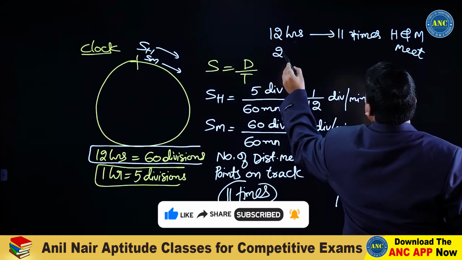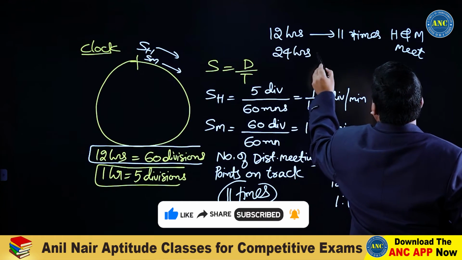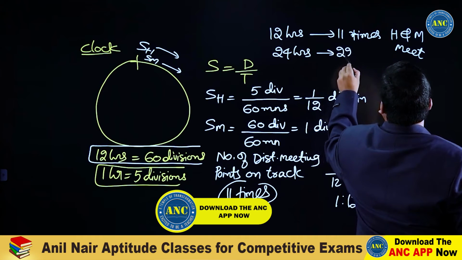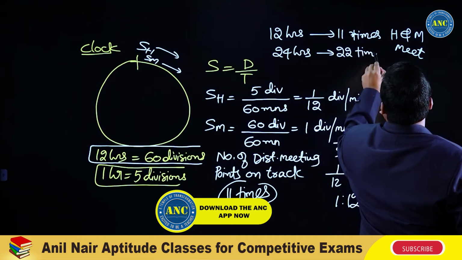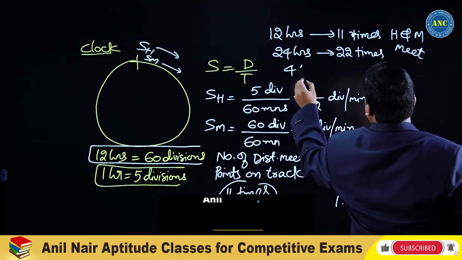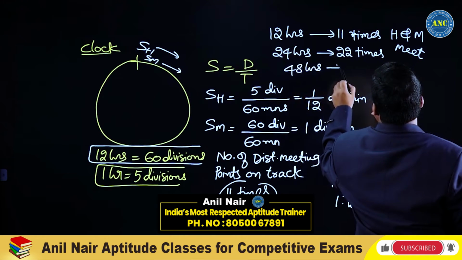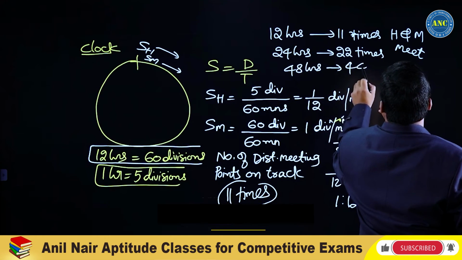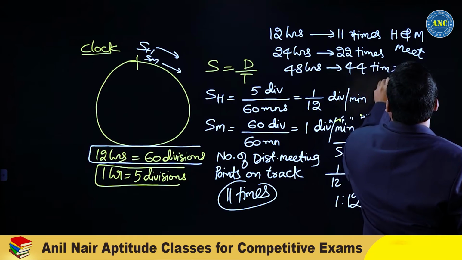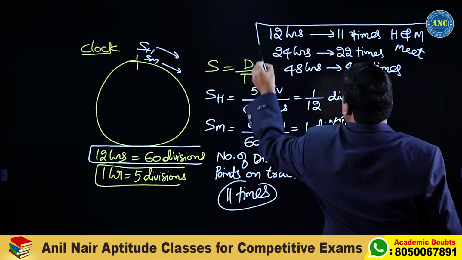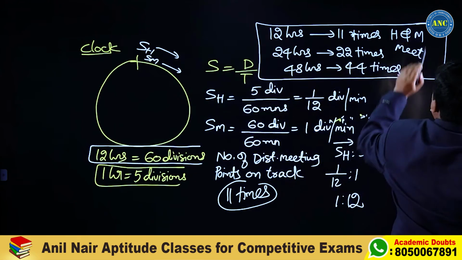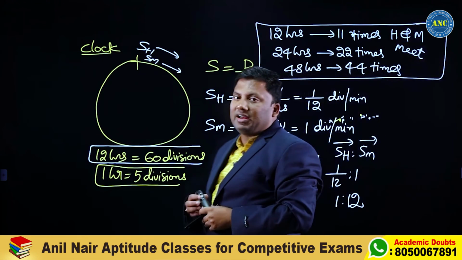But if it is 24 hours, 12 twos are 24, 11 twos are 22. 24 twos are 48, 22 twos are 44. That means in 12 hours, both the hour hand and minute hand will meet 11 times.